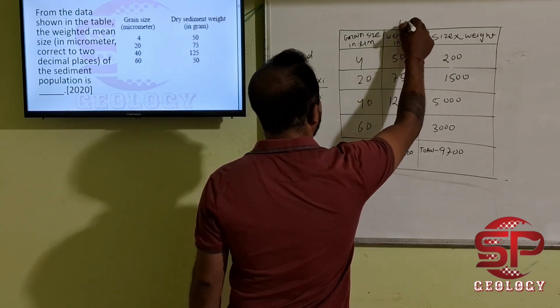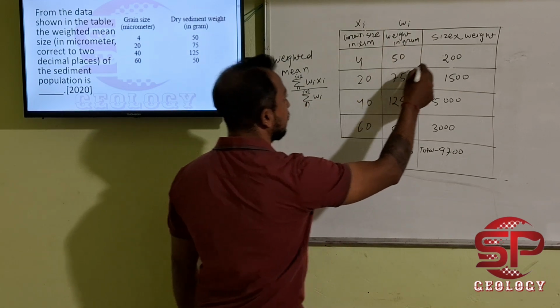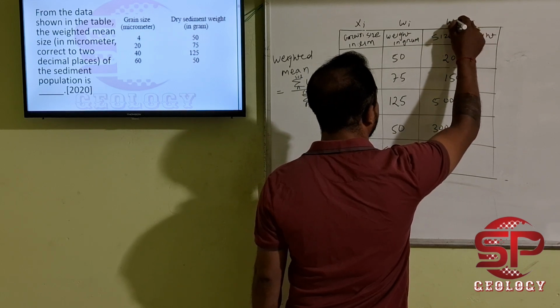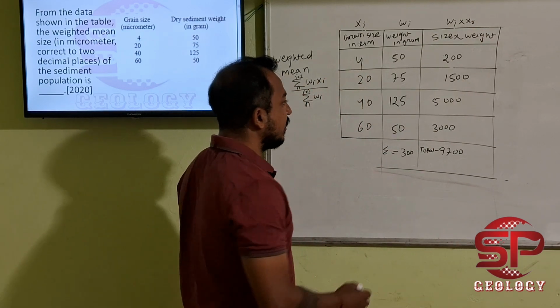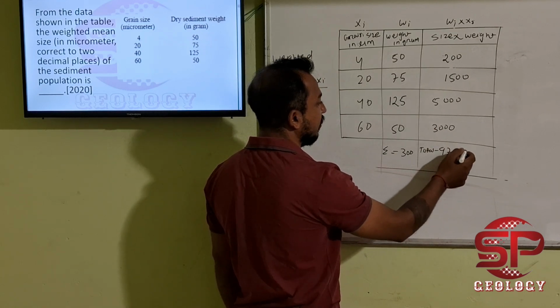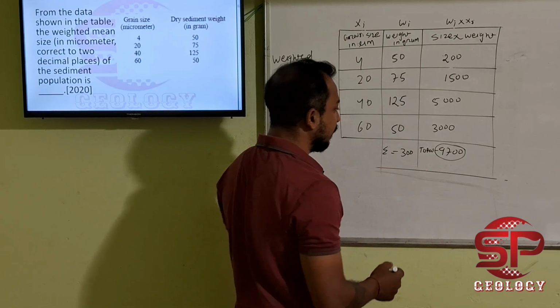So this is your wi given, this is xi. First we will calculate wi into xi. Then wi into xi will total 29700.